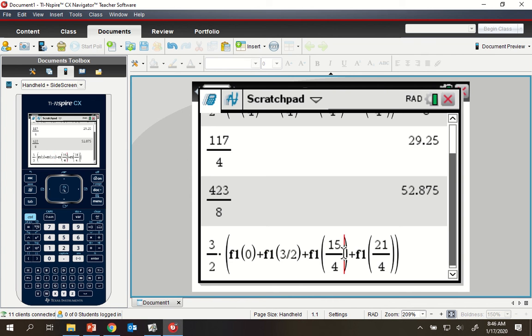For the left hand was 3 over 2, right? No, those are the actual values. Oh, I'm just doing the functions of it. Okay. So it was the left, which is 0. Then it was 3 over 2. Then it was 3, right? 9 over 2. And 9 over 2 was my last one.